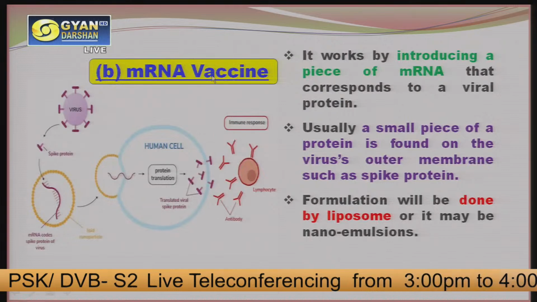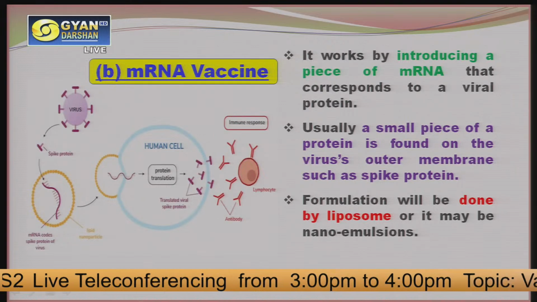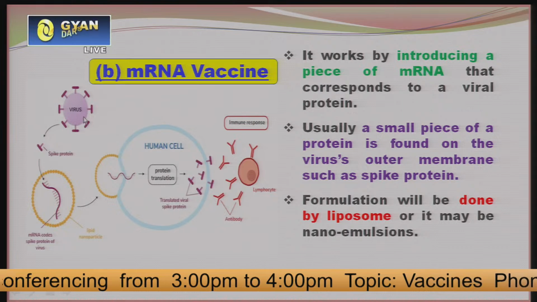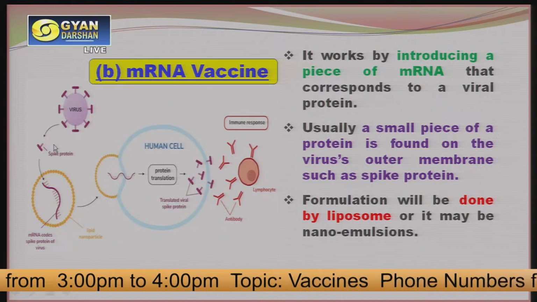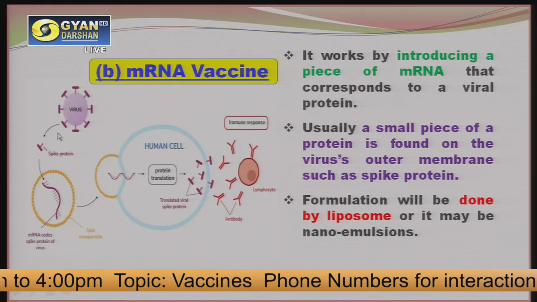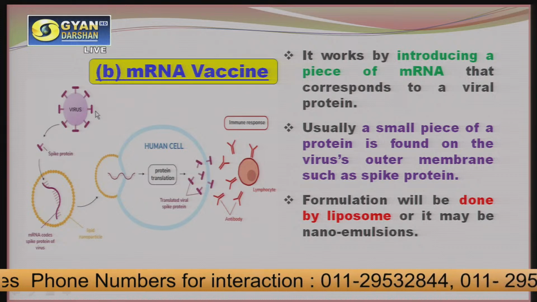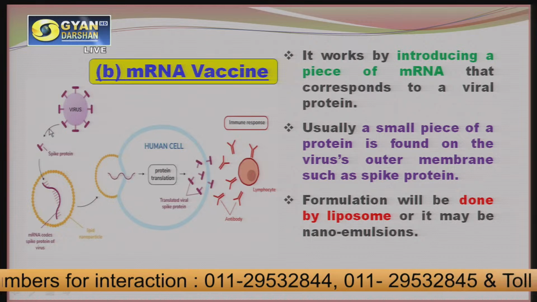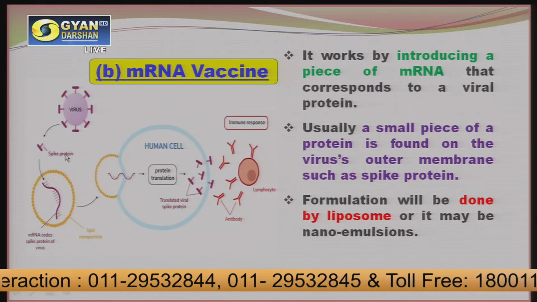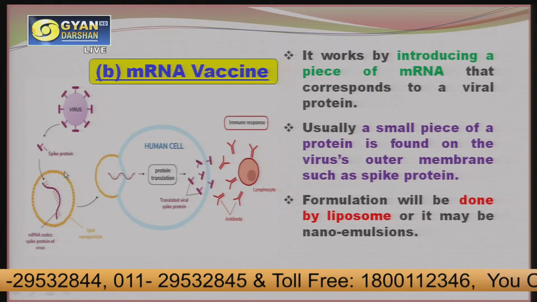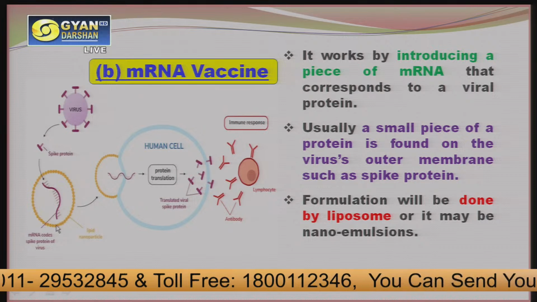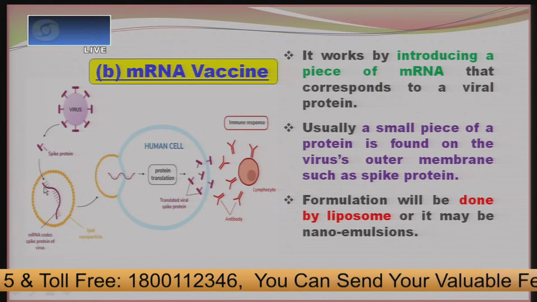Another is the mRNA vaccine. So you can see here the viruses. They have the spike proteins, like coronavirus, you can understand. This spike protein is coded by a particular DNA or particular RNA.